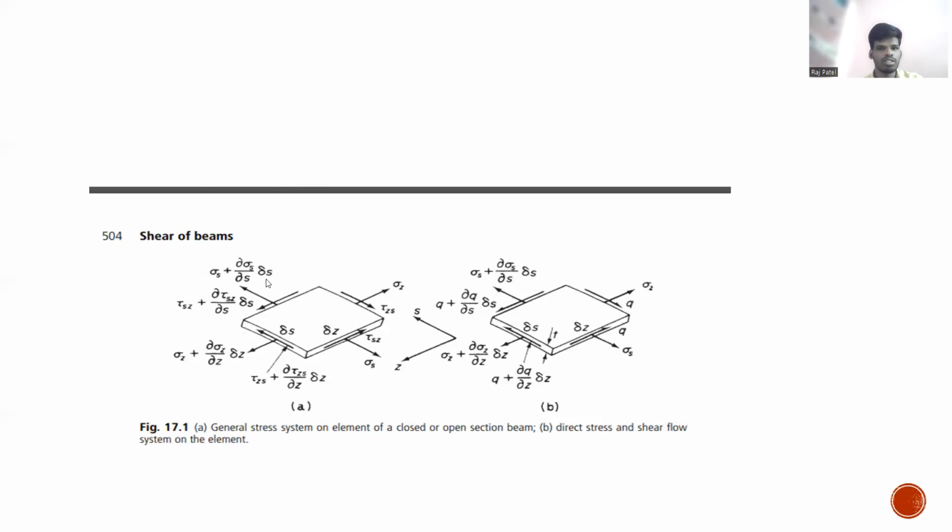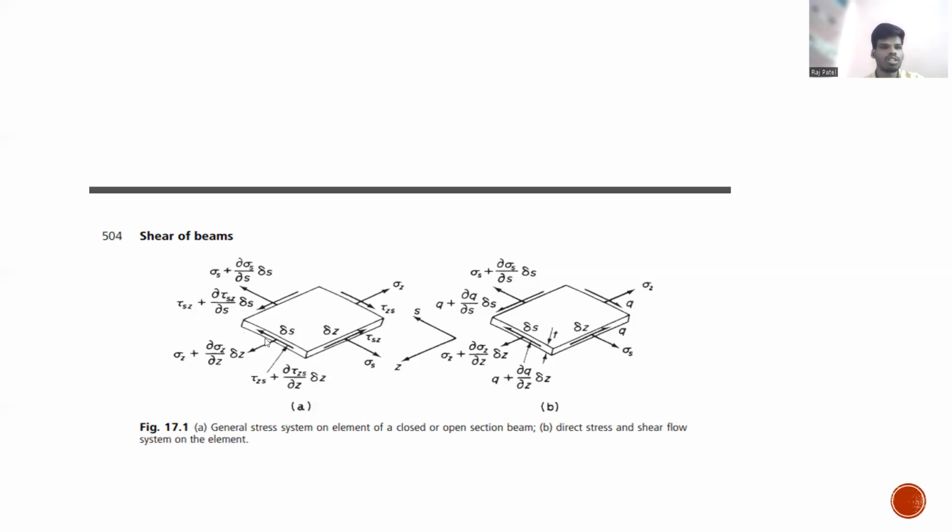By resolving these shear flows, we can get that if the stresses are passing through the beams, they will exit as sigma s plus dou sigma s by dou s into dou s, where tau is the shear stress. Similarly the shear stress exits as tau sz plus dou tau sz by dou s into dou s.